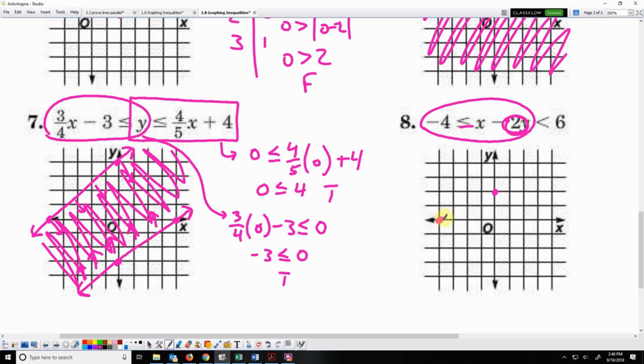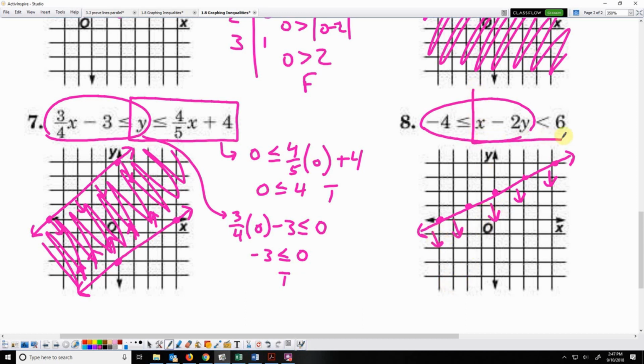So I'm going up 2 and over 4, which is the same as up 1 and over 2. So there's my first line. And if I put in the origin, I have -4 is less than or equal to 0 minus 0. -4 is less than or equal to 0 is true, so this one says shade down toward the origin.